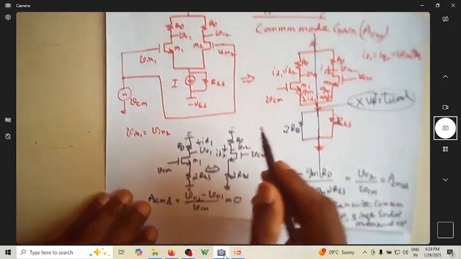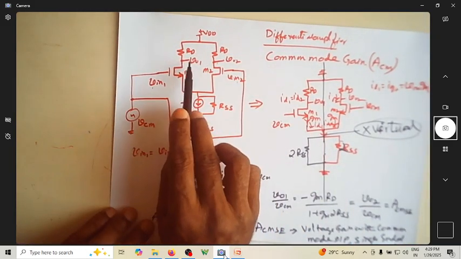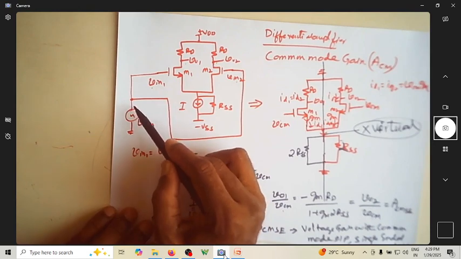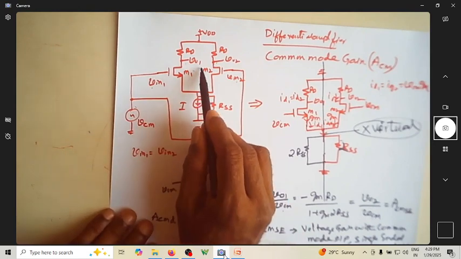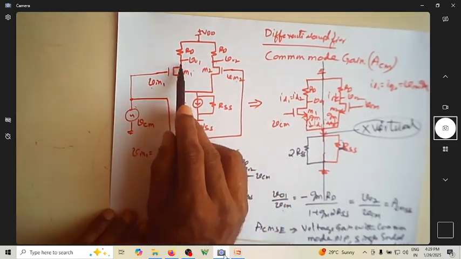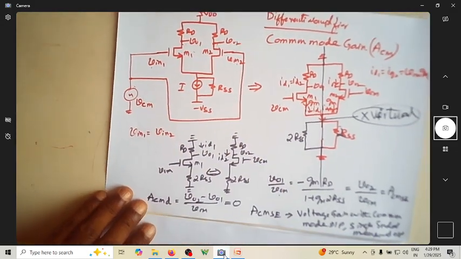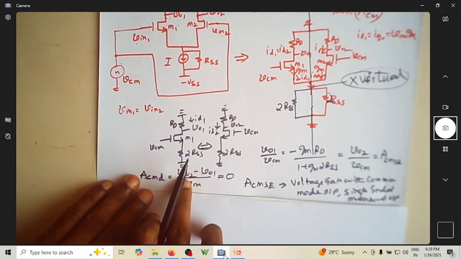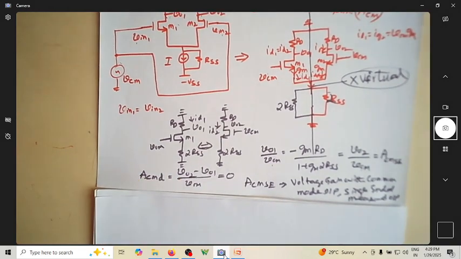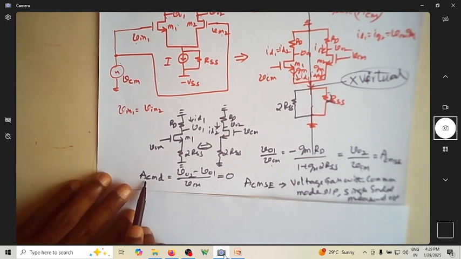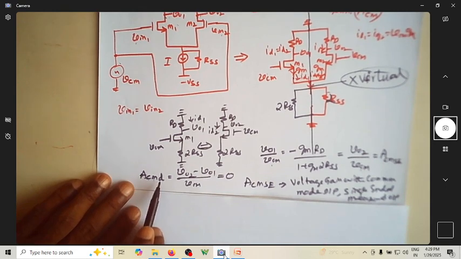The meaning of this is, if you are differentially measuring the output voltage by applying a common input, you will get 0 output voltage because they are going to cancel out. So that's what ACMD stands for. ACMD is the gain of an amplifier with common mode input but differentially measured output.